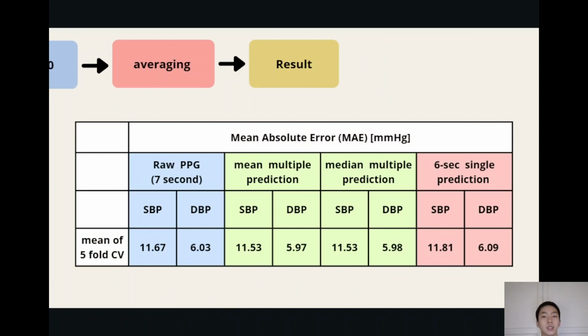When we made a single prediction with the 6-second data, the MAE was higher than the 7-second model. This means the prediction was less accurate, probably because the shorter duration provides less information for prediction, which led to higher errors. However, when we use the mean and median prediction approach, we saw a reduction in MAE, which suggests an improvement in accuracy.